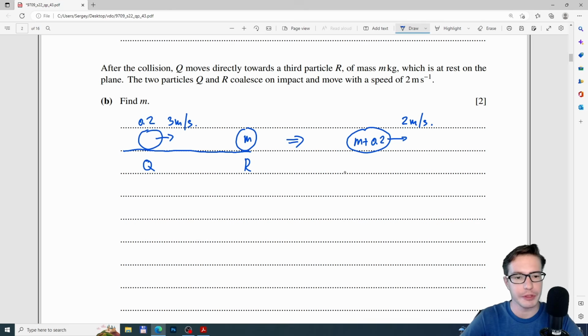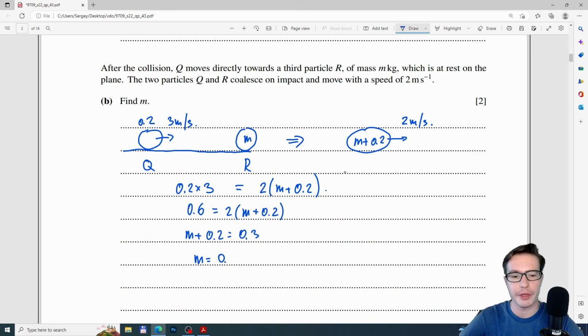Again, momentum conservation, 0.2 times 3 equals 2 times m plus 0.2. And now let's solve this equation for m. And here we go, m equals 0.1 kilograms.